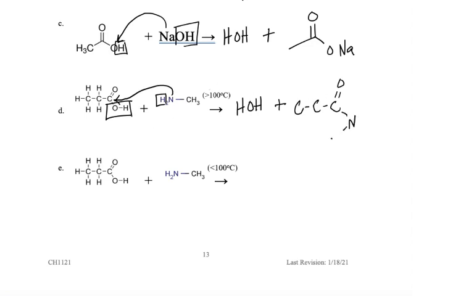So nitrogen, there's still one hydrogen remaining, and then there's a CH3 on the end. And of course, all these are hydrogens here. So this is an acid plus an amine to give us water plus an amide. And here's our amide functional group right there.